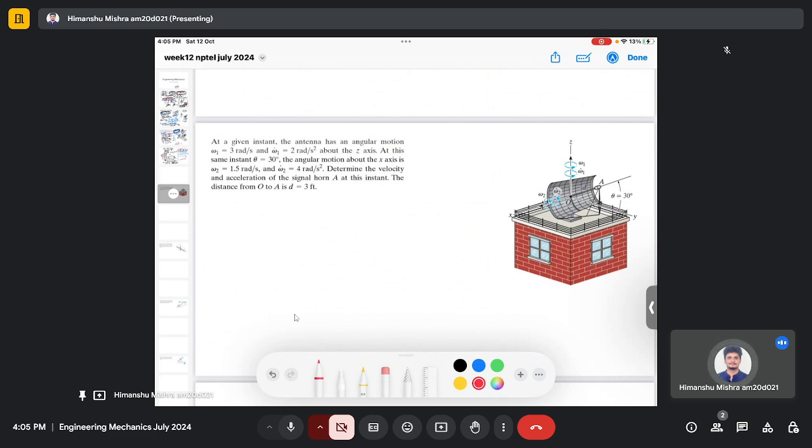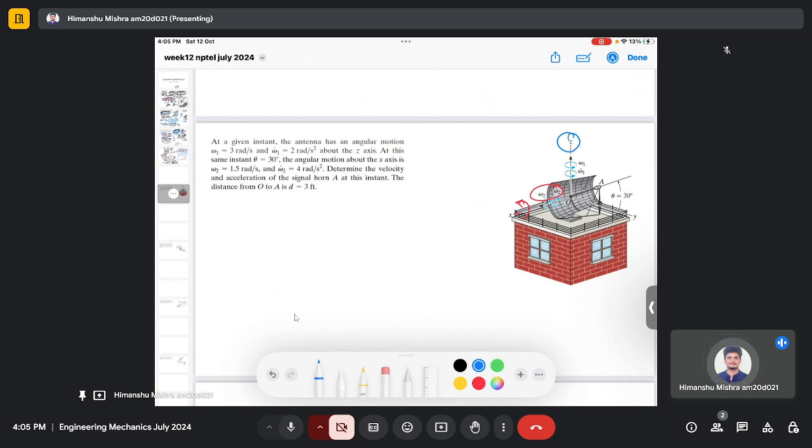So you can see that it's a similar problem actually, and we have been given the angular motion about this x-axis, which is given by omega 2, and there is an angular motion about the z-axis as well.